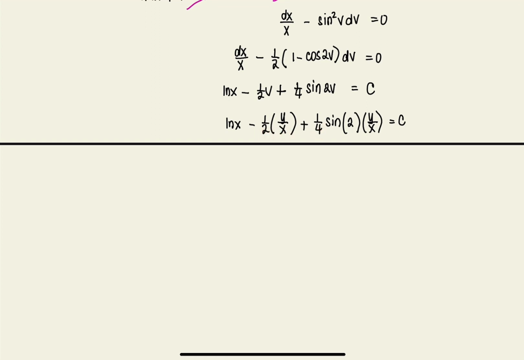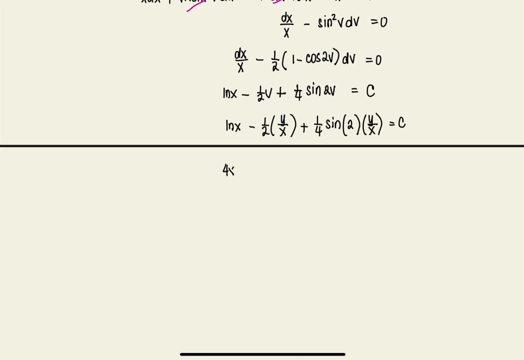So we're going to multiply both sides of the equation by 4x. So we have 4x ln of x minus 2y plus x sine of 2y over x equals C.